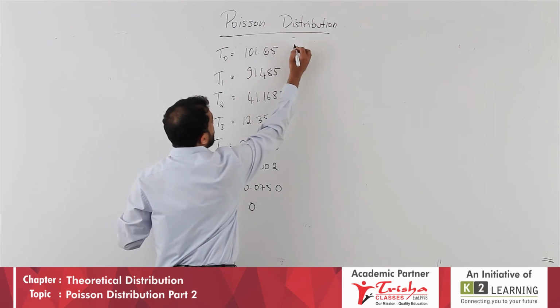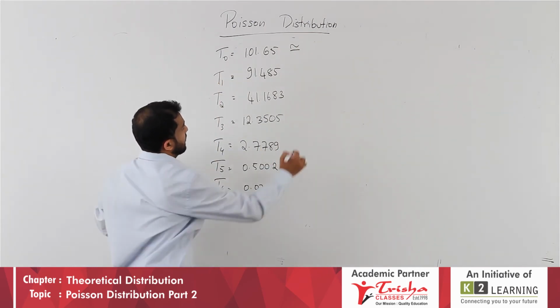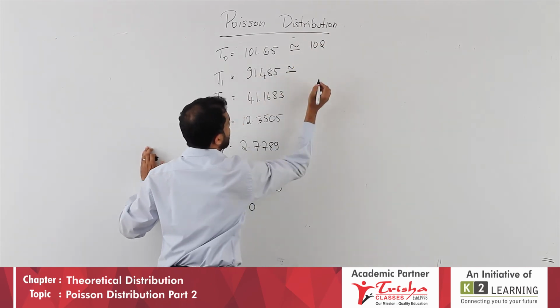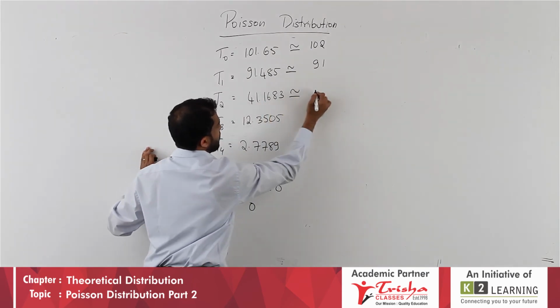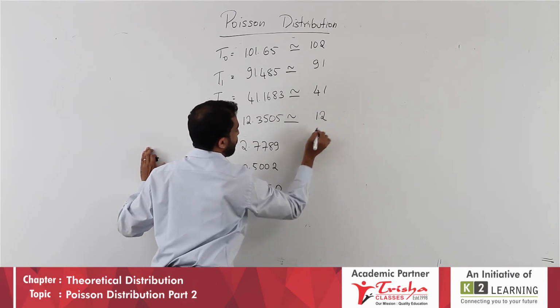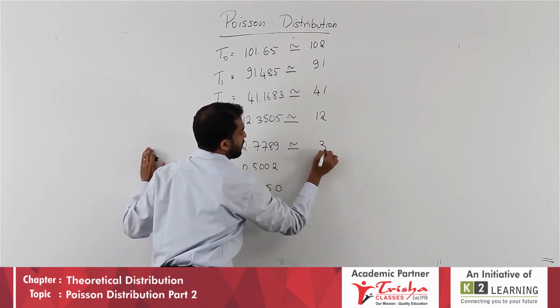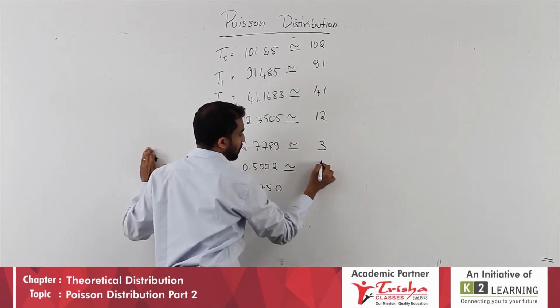Now, let us approximate these values. 101.6 approximately 102, this is approximately 91, this is approximately 41, this is approximately 12, this is approximately 2.7 which is 3, this 0.5002 which is 1.